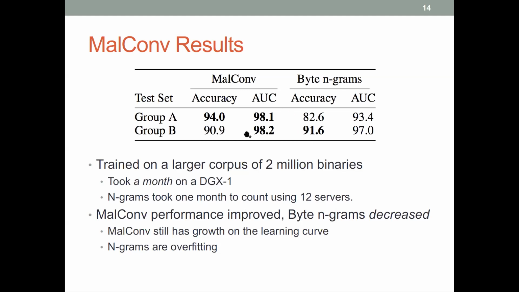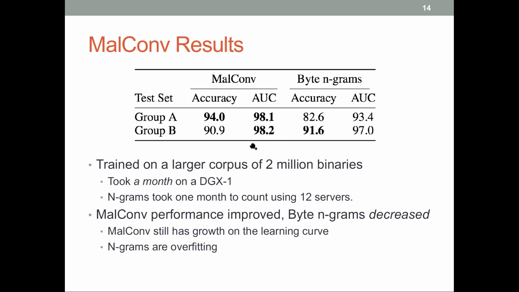A very important finding in the authors' opinion is that the AUC is really, really high for the MalConv model compared to the n-grams model, which means that when it detects something as malware or benign, the result is a lot more reliable.